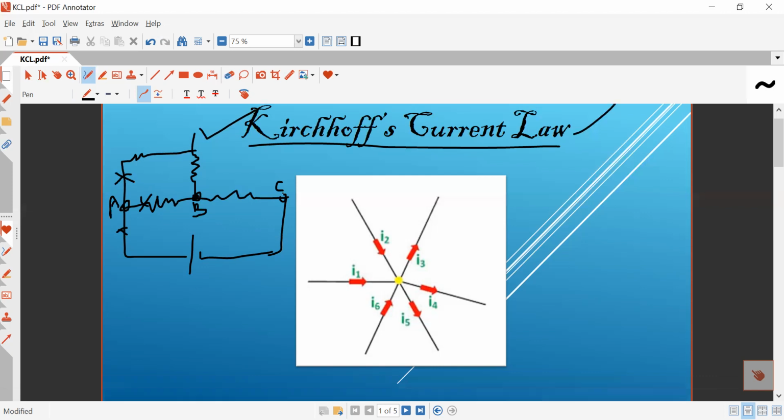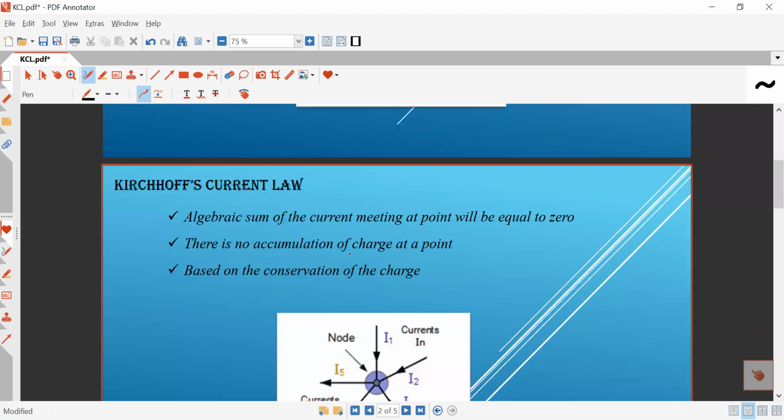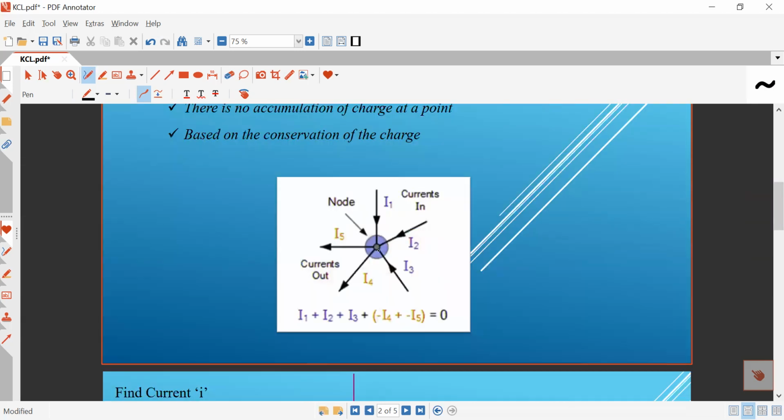So what is Kirchhoff current law now? According to Kirchhoff current law, the algebraic sum of current at any node, this is a node. Why is this a node?